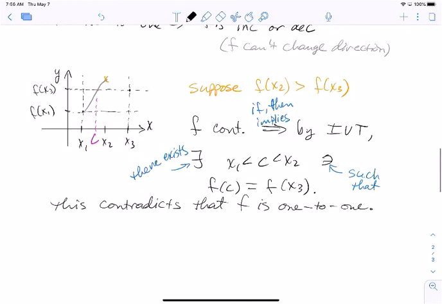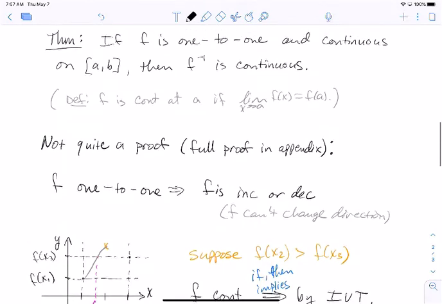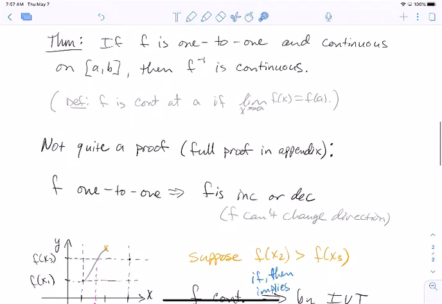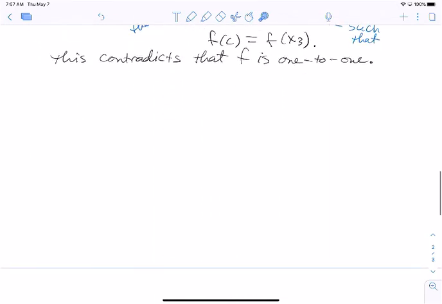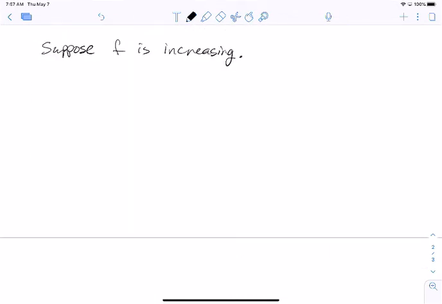And we could make a similar argument for a function that was decreasing, or if f of x2 was below f of x1. Now back to our original proof here, and it's about the continuity of f inverse. We're going to suppose f is increasing.